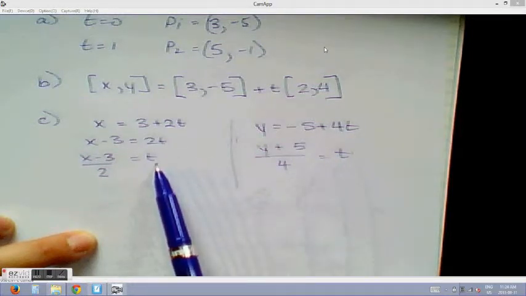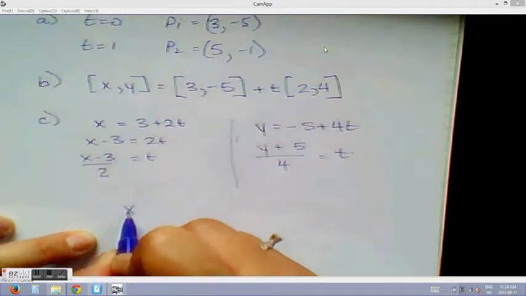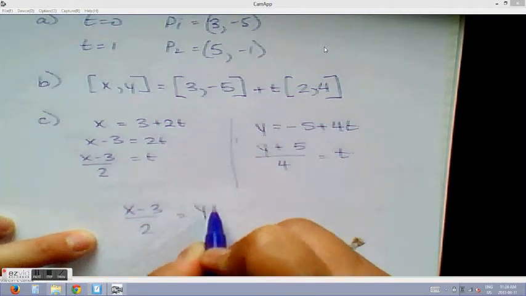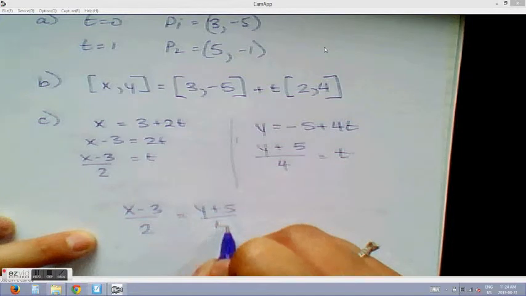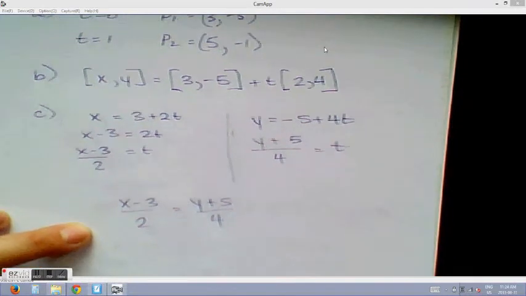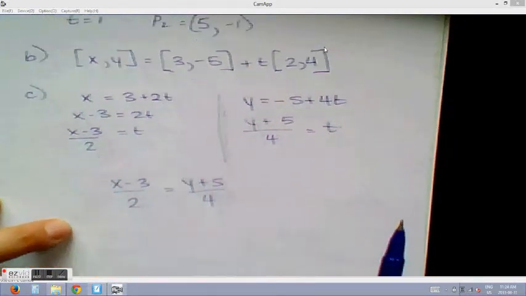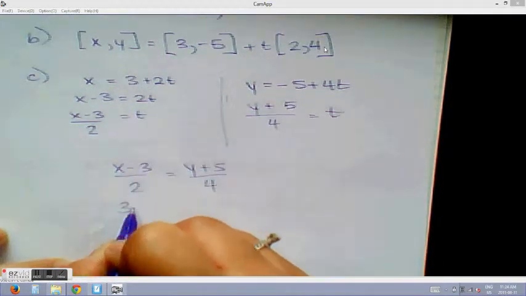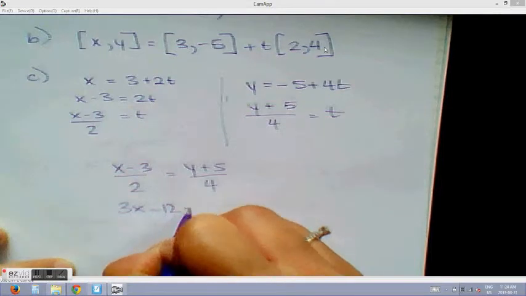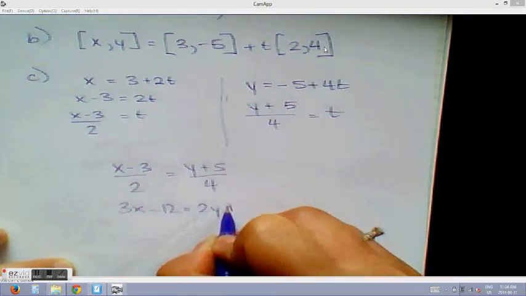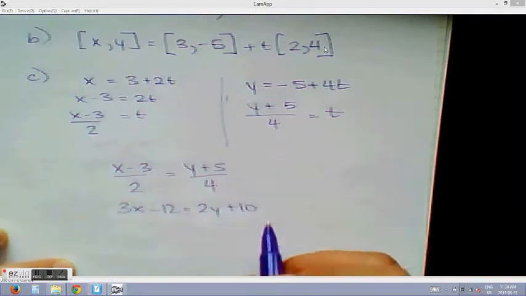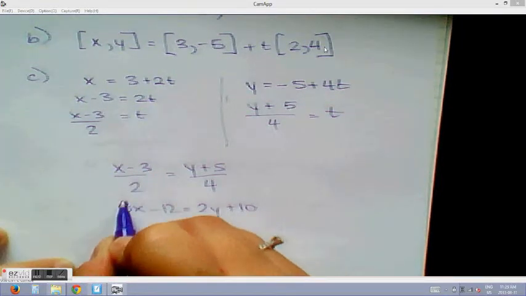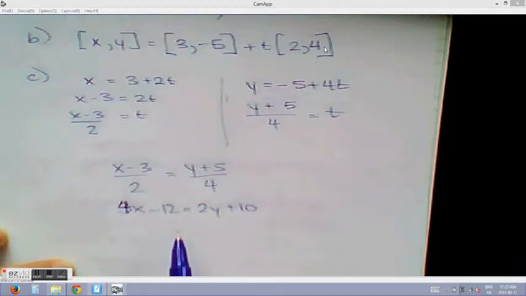So basically I'm substituting this t in for this t. Another way of looking at it. So y plus 5 over 4. And now to make it look a little bit nicer in standard form, cross multiplying. So 3x minus 12 is equal to 2y plus 10. Oops, 4. Right, so 4.